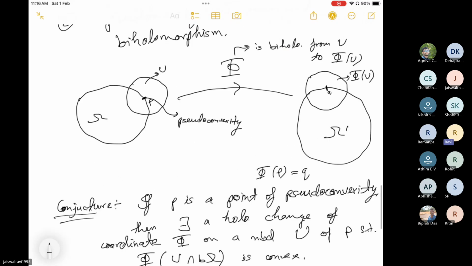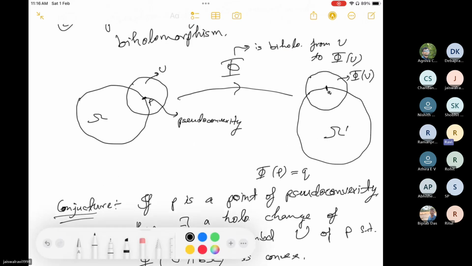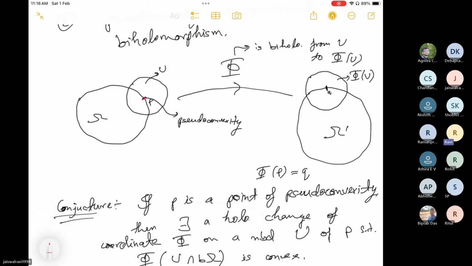So the conjecture is basically saying that if P is a point of pseudoconvexity, then can we find some biholomorphism phi such that phi(U) intersected with the boundary of omega, basically this red boundary, is convex.